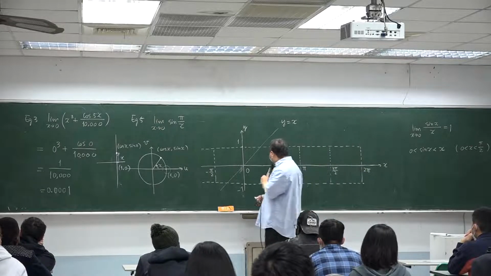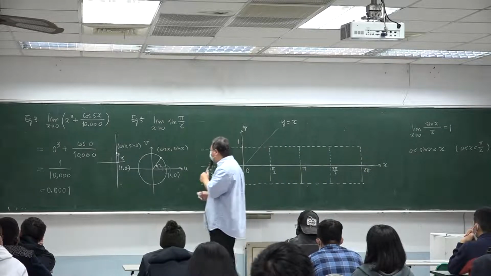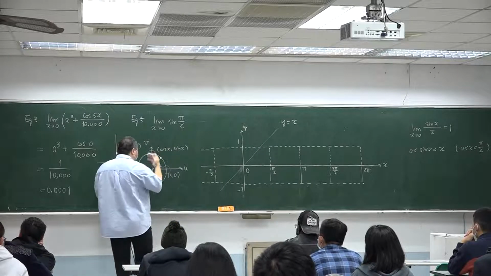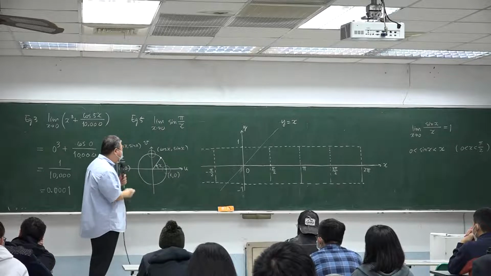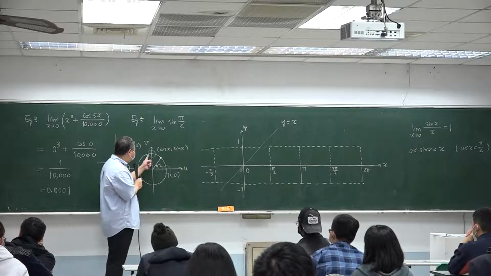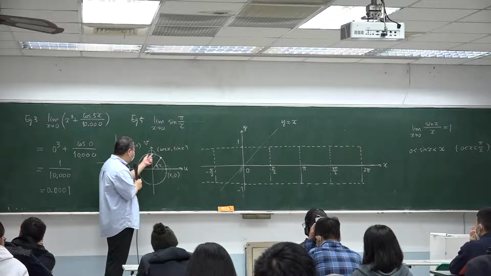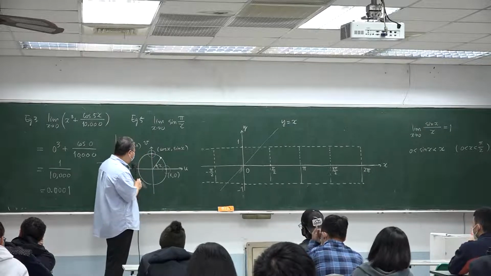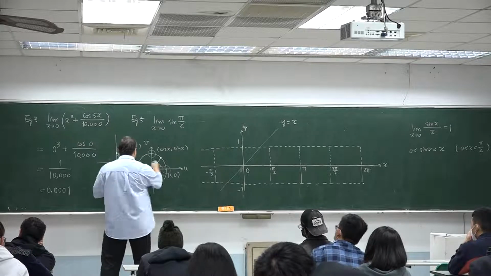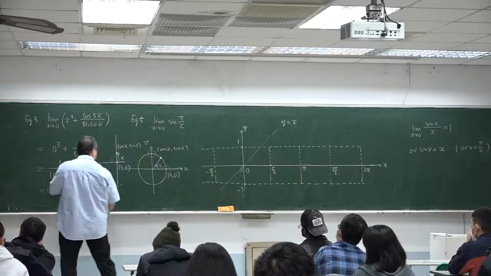But when x is almost half pi, again it is the notion of limit. The behavior of sine is determined by the behavior of the circle. Zoom, zoom, zoom, and here it will be a horizontal line.